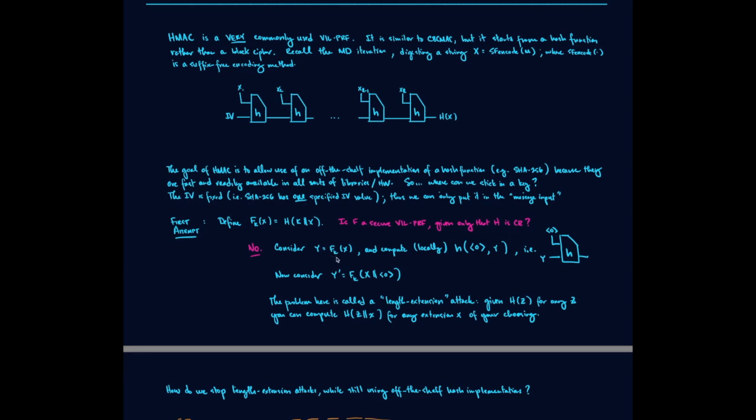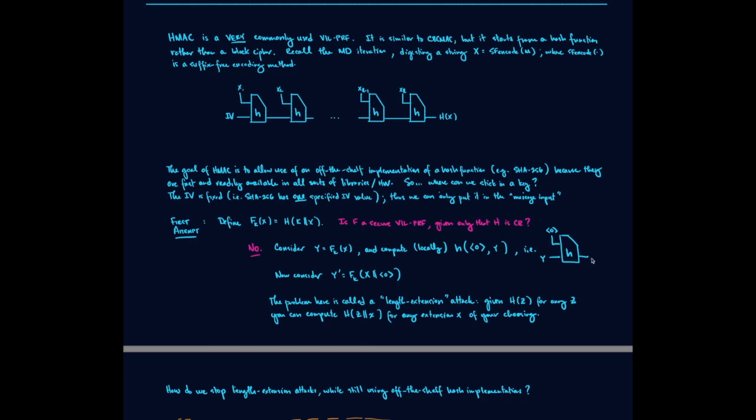I run it on some string x, I get a value y. Well, I can immediately compute locally h with y on this wire and any input I want up here. Why? Because I know y, I just got it. I know the description of h, so I can compute this value that's right here.